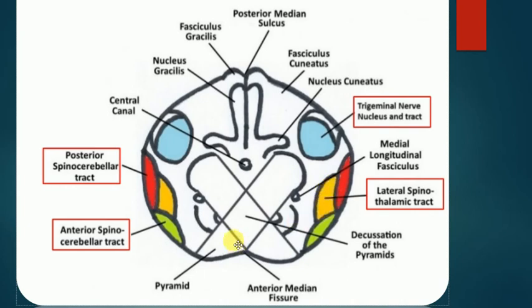Here will be the decussation of pyramids, anterior median fissure, pyramid, central canal, nucleus of gracile, fasciculus gracile, posterior median sulcus, fasciculus cuneatus, nucleus cuneatus, medial longitudinal fasciculus here, fasciculus cuneatus here.